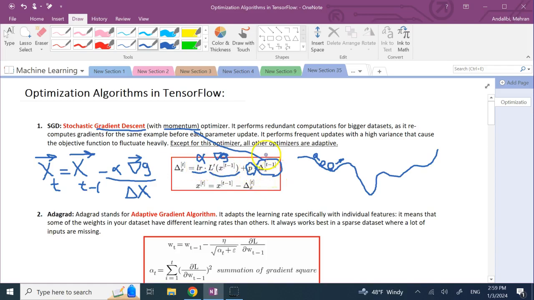And that should be like that because we don't want momentums from so many iterations before to affect the current one. We just want the previous one to affect it. So here we add the momentum term to keep it rolling.